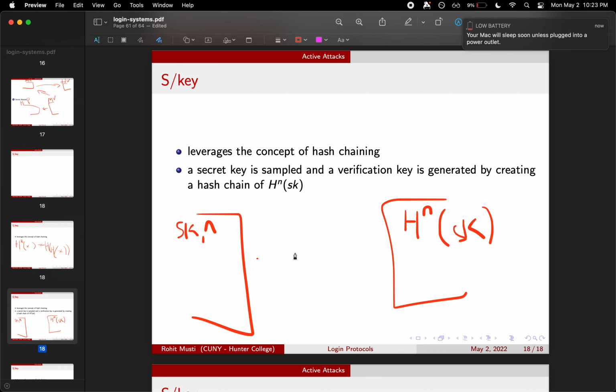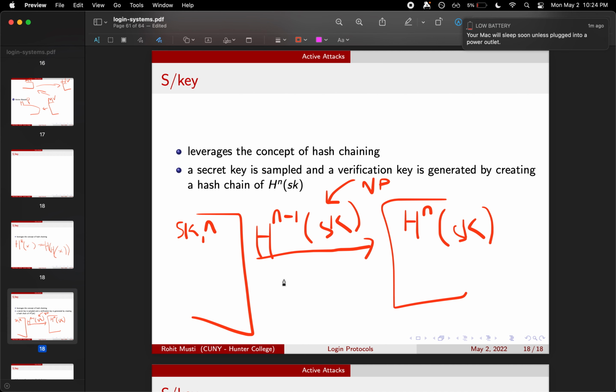And then to authenticate, you send one less hash of the secret key, and then the verifier takes that one less hash, and they hash that one more time to get the stored verification key, and then they authenticate, and then they decrement the counter by turning this into the new password.